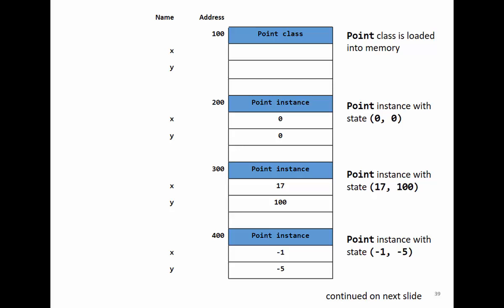We load the class, bringing it from the file to memory at address 100. And we create a new Point 0,0 and store it at address 200, at address 300 we store the second point, and at address 400 we store the third point. This is just an example of the layout of the memory.